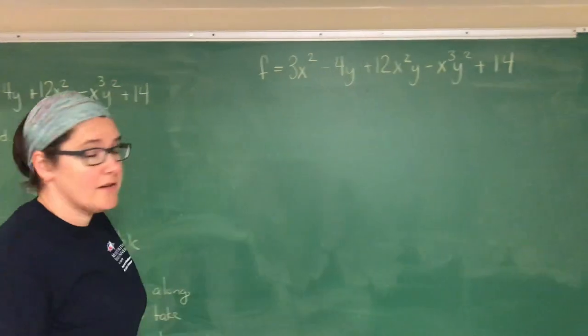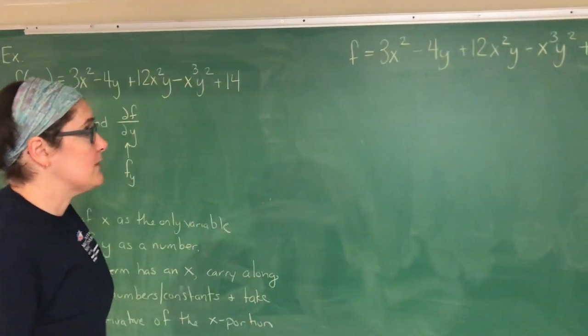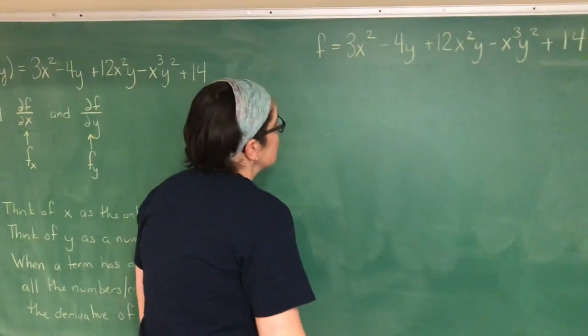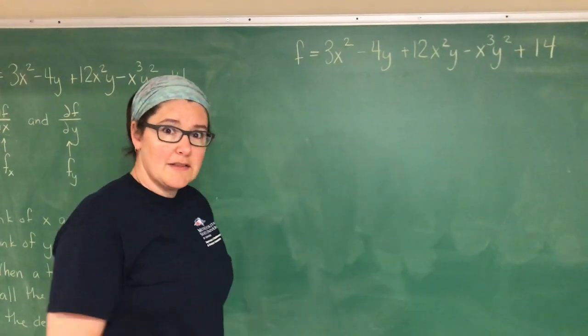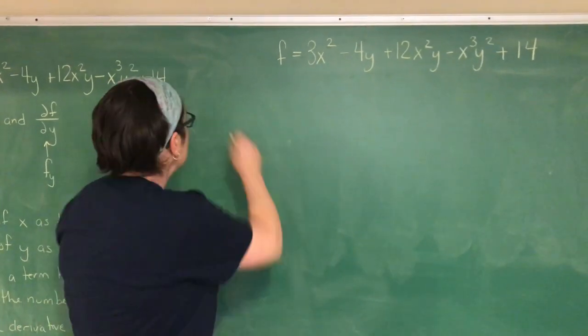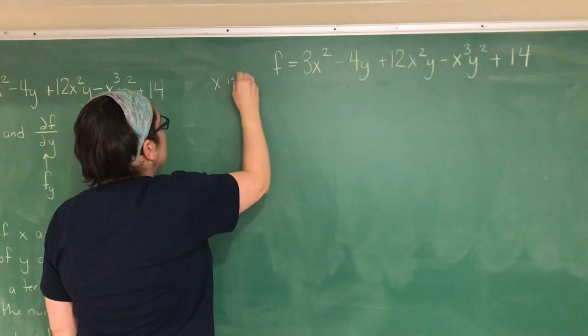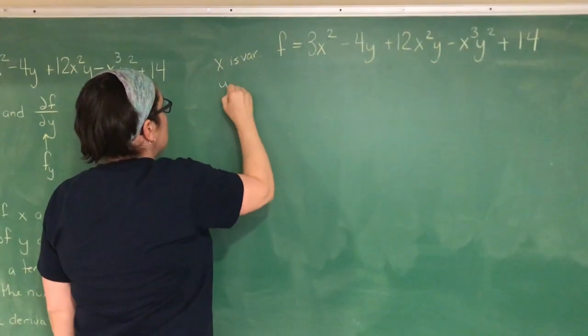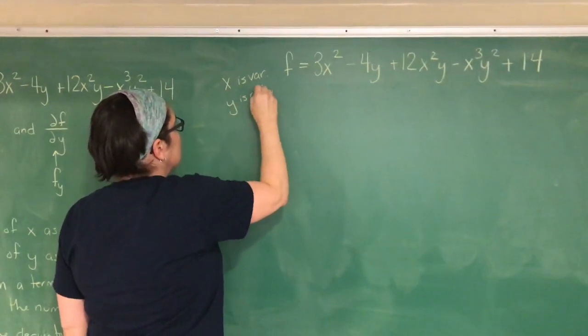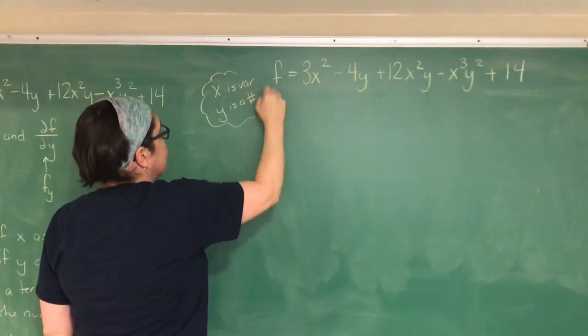And we want to calculate the partial derivative with respect to x. So I'm thinking about x as the variable. So x is a variable and y is going to be a number.